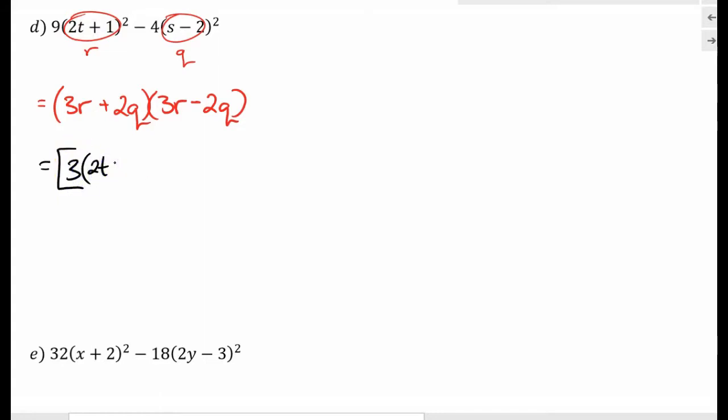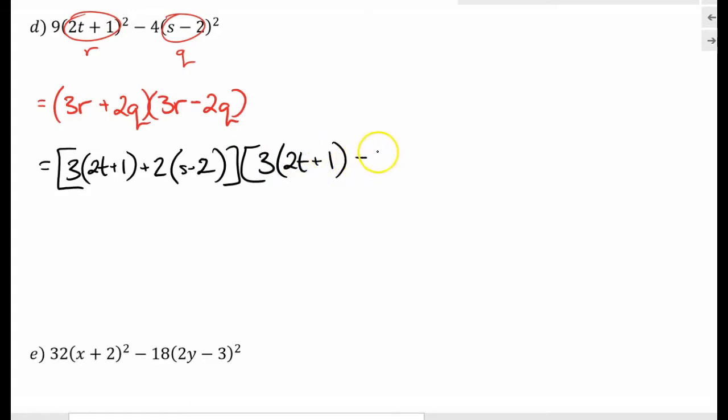3 times 2t plus 1, so plugging back in for r, plus 2 times s minus 2 is in for q. And then we've got 3 times 2t plus 1 minus 2 times s minus 2.